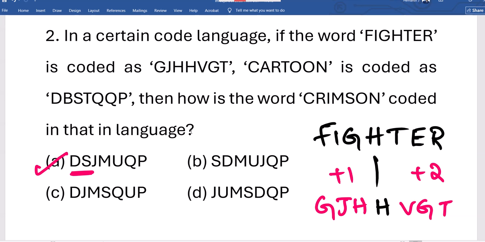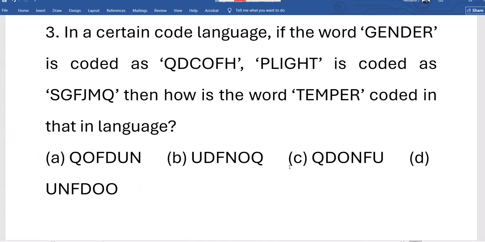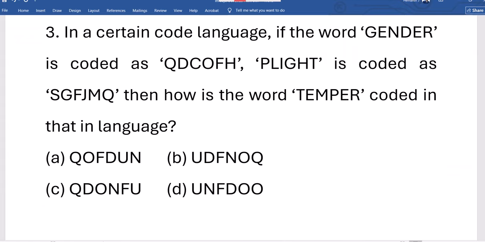So there are a lot of questions. You people are aware of coding and decoding, how to do. We're just recalling those. Now this one, gender is coded as QDCOFH.